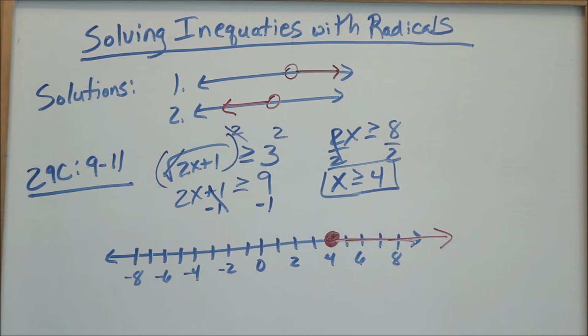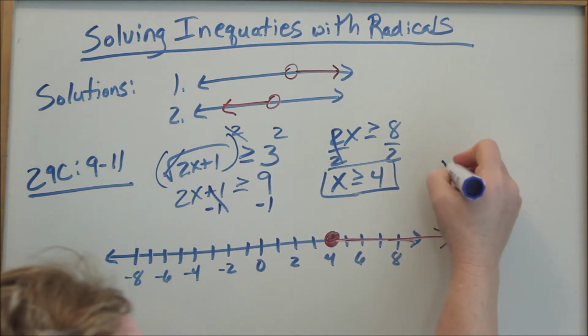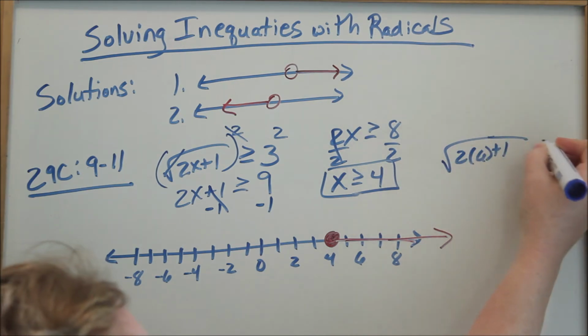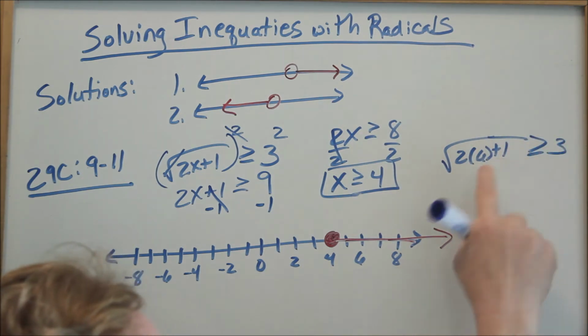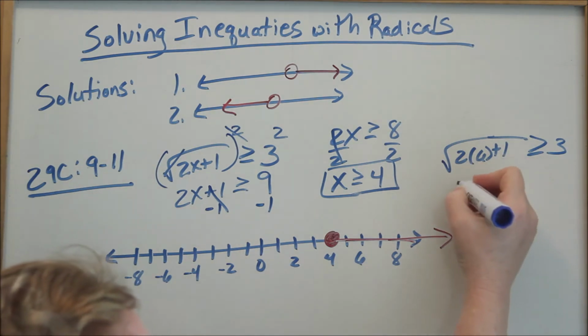You can do a test case just to make sure. So let's pick 6. If we pick a number bigger than 4, it should make this a true statement. So putting in 6 right here for x, that would be square root of 2 times 6 plus 1 is greater than or equal to 3. 2 times 6 is 12. 12 plus 1 is 13.